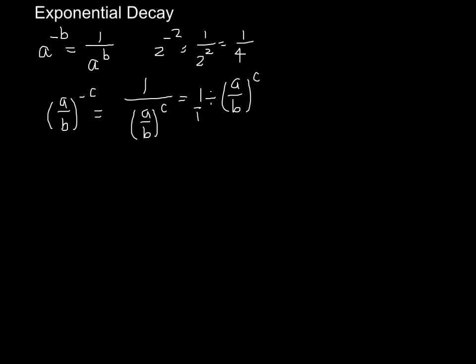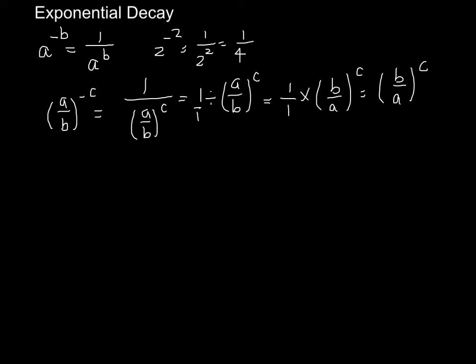If you remember about fractions, to divide two fractions, we flip the second fraction, which is the denominator, and then we multiply. So I can write this as 1 over 1 times b over a exponent c, which gives me b over a exponent c.